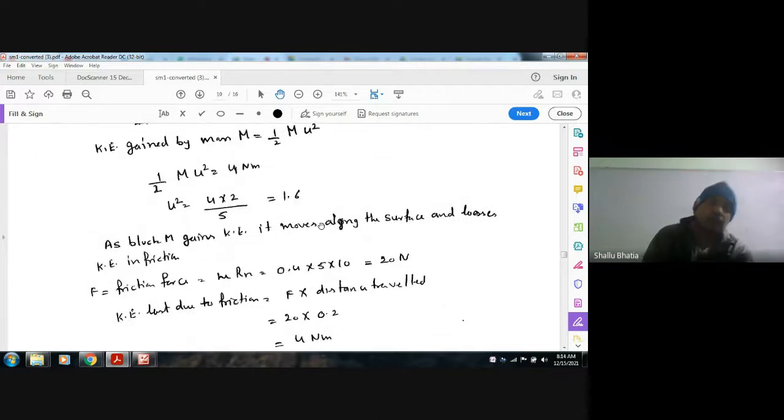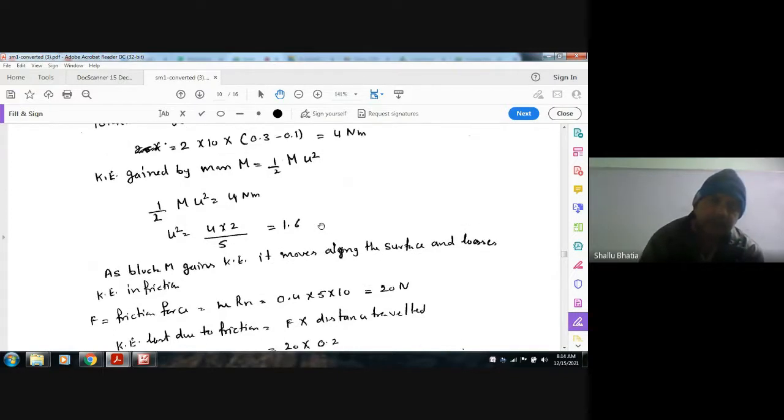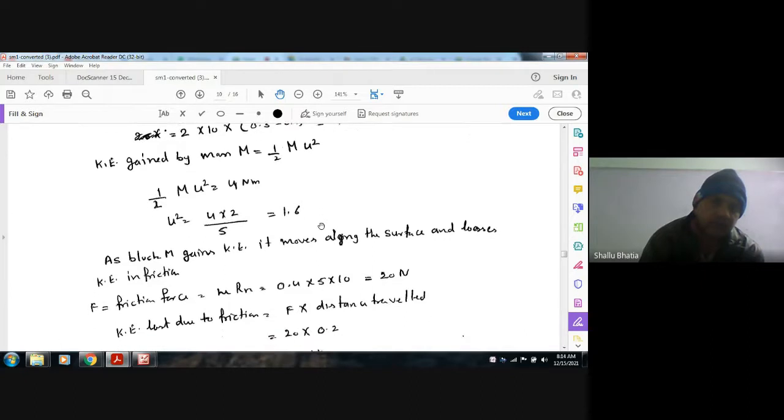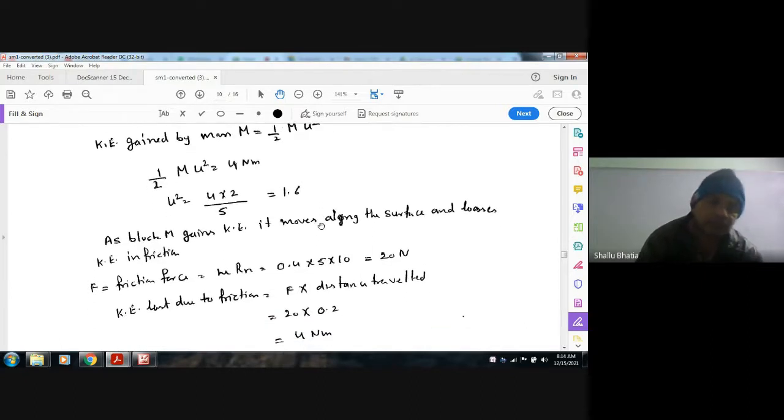So this loss in kinetic energy will be equal to the frictional force into the distance traveled.